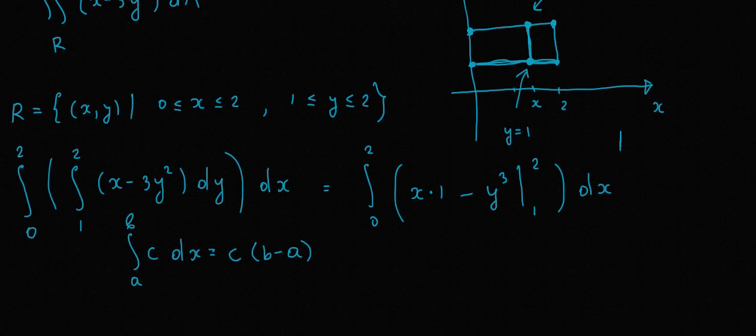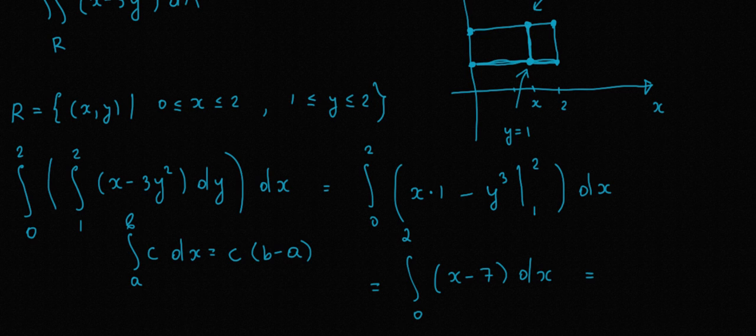Now, before we integrate over x, let's calculate what we get from y cubed if we substitute 2 and 1 for y and take the difference. 2 cubed is 8, 1 cubed is 1, 8 minus 1 is 7. So we get x minus 7 as our function that we need to integrate over x from x equals 0 to x equals 2.